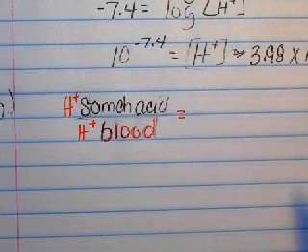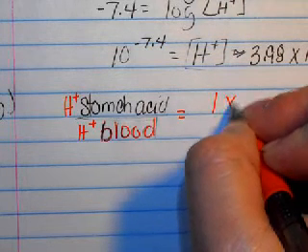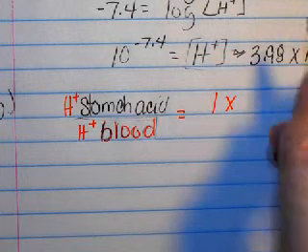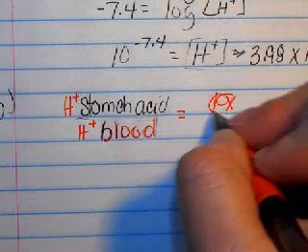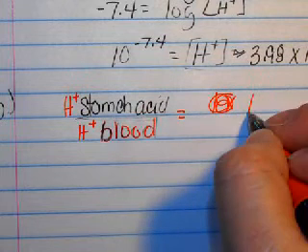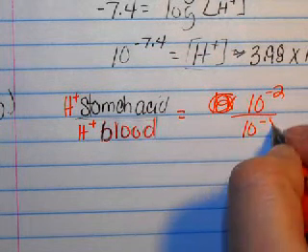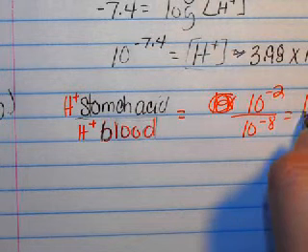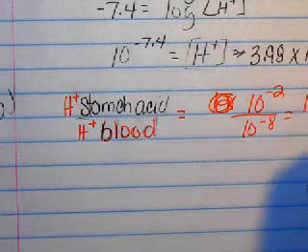So the stomach acid was 1 times, oops, I'm sorry, we don't need the 1. We just need the 10 to the negative 2 over 10 to the negative 8, which will give us 10 to the negative 2 minus the negative 8.